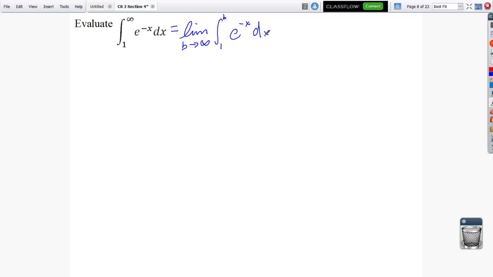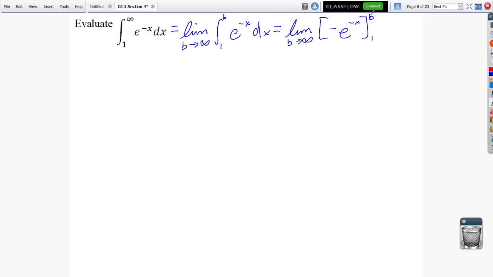Once we get here, this becomes just a definite integral problem. We have, let's see, limit hangs around, of antiderivative of e to the negative x. Well, I know that the integral of e to the x is e to the x, but I have that chain of -1, so I'm going to have negative e to the negative x running from 1 to b.